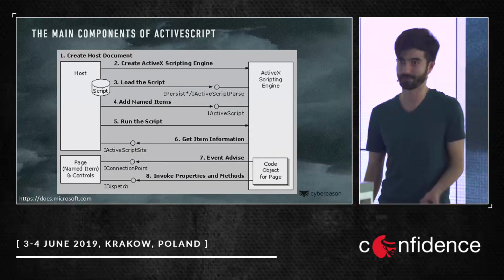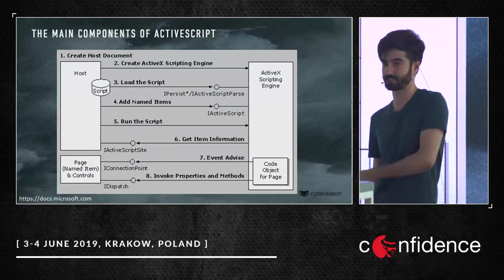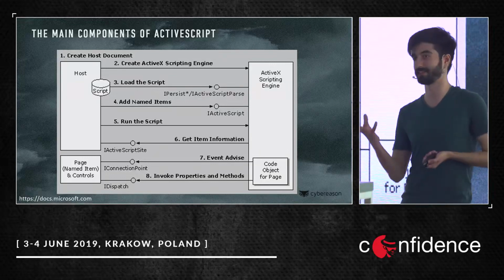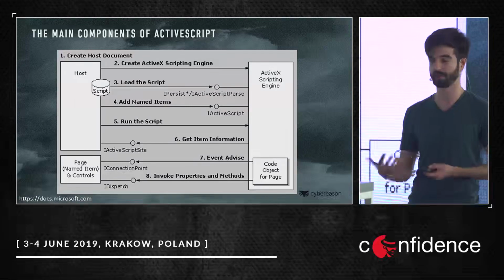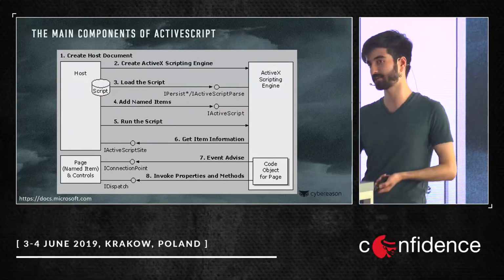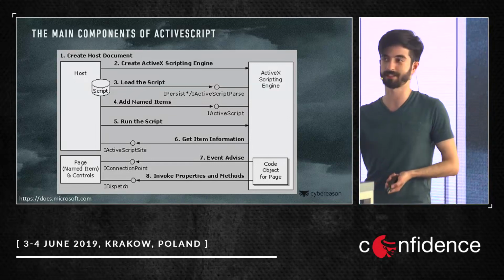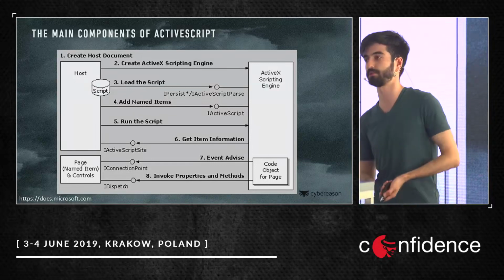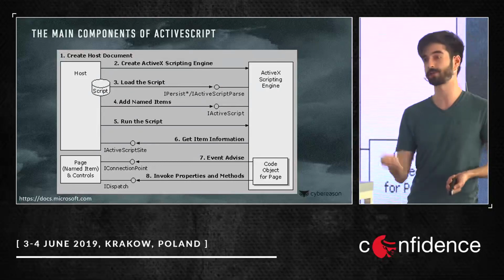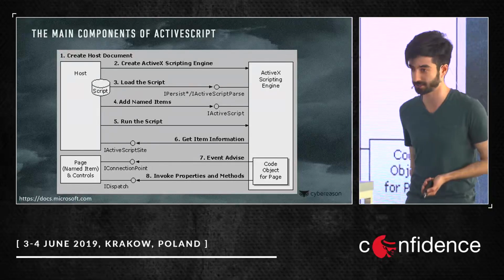And the other main component is the actual scripting engine, which implements its own scripting language and also all of the interfaces for ActiveScript, meaning that I have VBScript, and I can use it against any single ActiveScript host. This is why it works against CScript and also works against Internet Explorer, MSHTA, et cetera, et cetera.